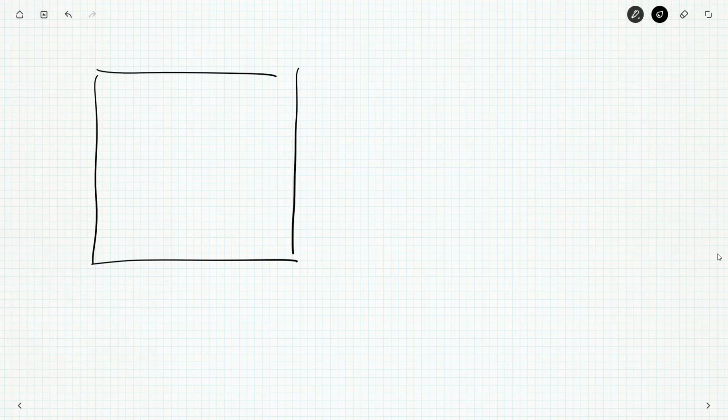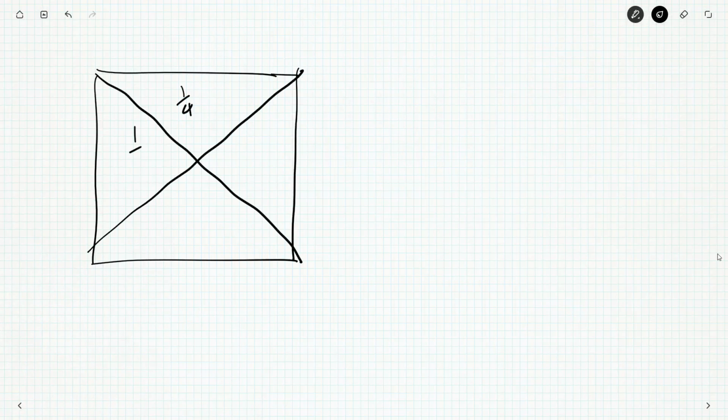Immediately for a question like this, I start trying to visualize how I can express the shaded area as a sum of smaller areas, or a difference of larger areas. I noticed that we've got these two diagonals, and that splits the square into quarters. Then this midpoint here goes down to this midpoint here.